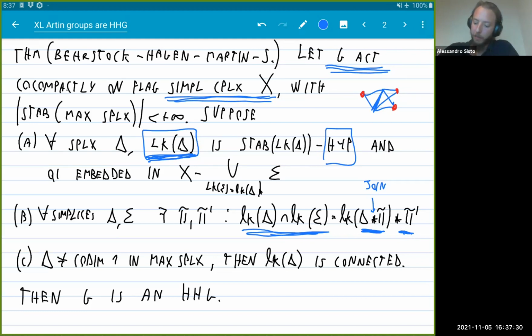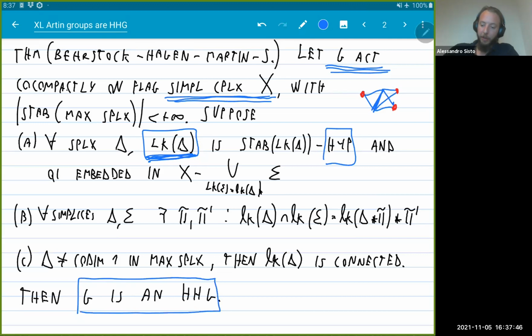Okay. And once again, let me remove all that is inessential. Just a group acts on a simplicial complex and links are hyperbolic. And the conclusion is that the group is hierarchically hyperbolic. Okay, that's it. It really fits in this slide. It's a little bit technical, but I decided to actually show it to you in its full form, just to prove to you that I'm not cheating.